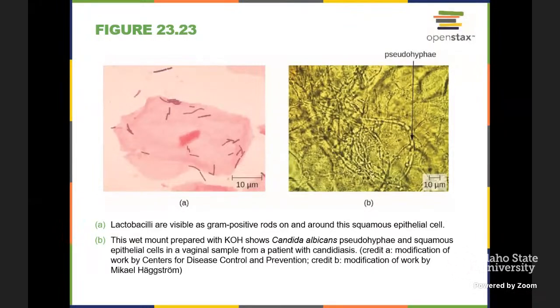So, two different things we're looking at here. First off, we have a normal cell and a load of bacteria surrounding it. These bacteria are lactobacilli. There are numerous types of lactobacillus that are normal flora in the vagina.